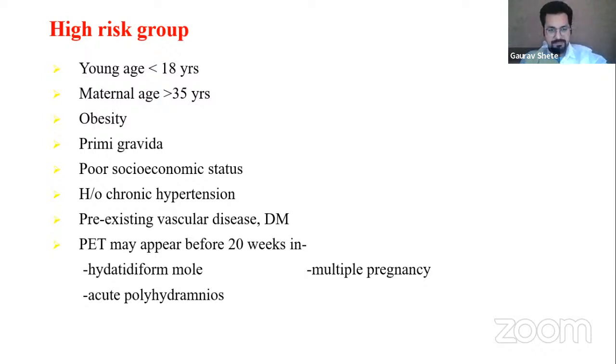There are first time patients who are exposed to chorionic villi, the primary gravidas, low socioeconomic status, and pre-existing vascular diseases like diabetes mellitus. Previous pregnancies, or anything which causes more exposure to chorionic villi, such as twin pregnancy, multifetal pregnancy, polyhydramnios, and hydatidiform mole.